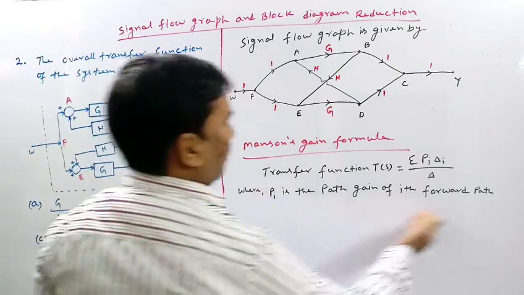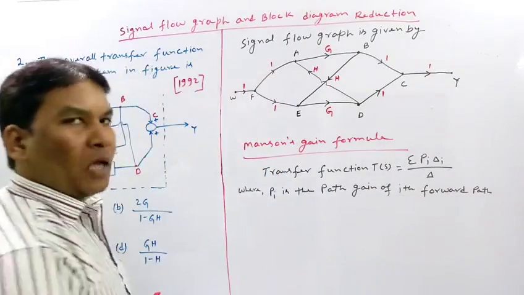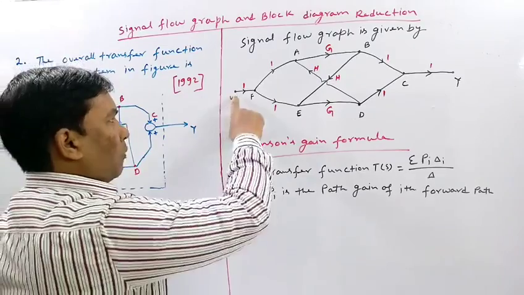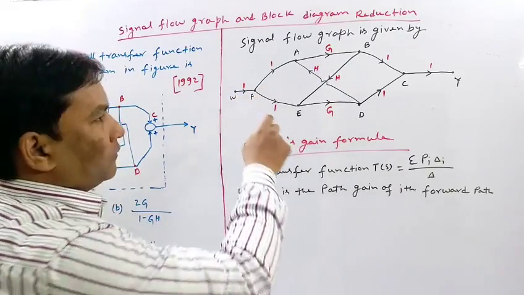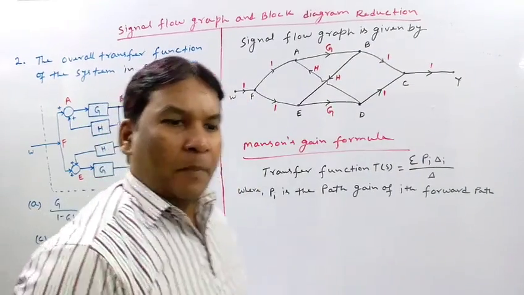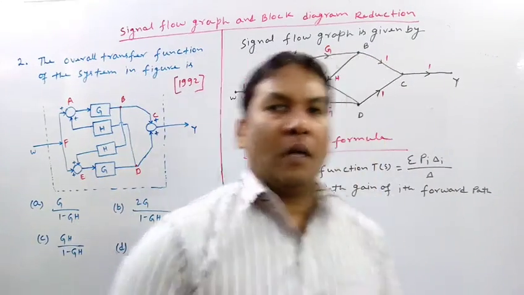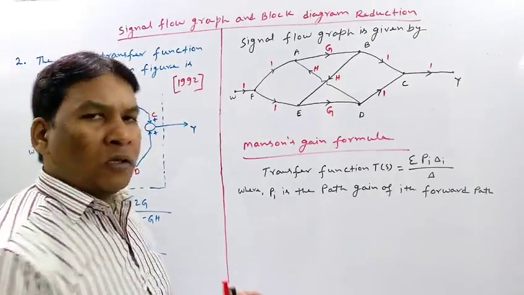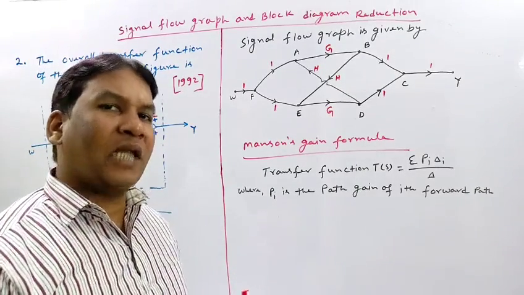So Pi is the path gain of the forward path. What will be the path gain? The path gain of a forward path will be the multiplication of the path gain of all the branches lying in that forward path.